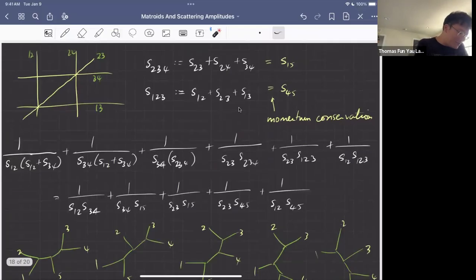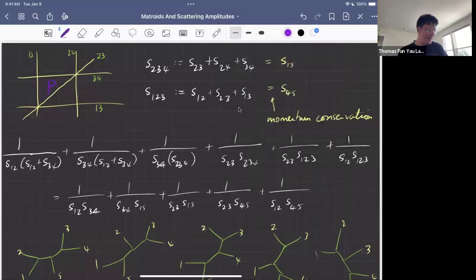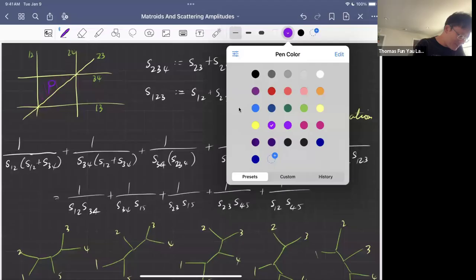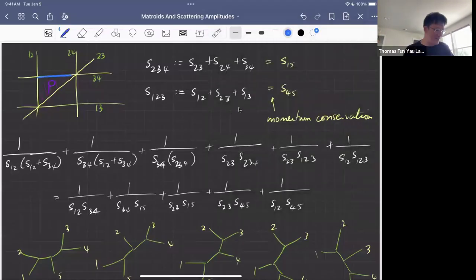Here's my P, and I want to look at flags of flats that are on the boundary of this tope. One thing you can do is take a facet of this tope, so an edge, and then take a vertex that's contained inside the facet.